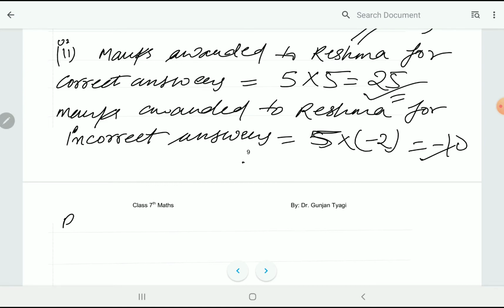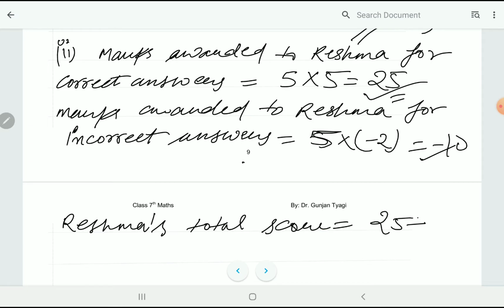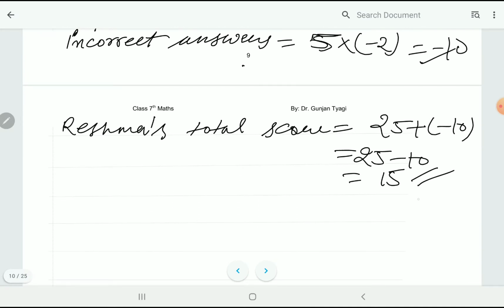So Reshma's total score is equal to 25 plus -10. So 25 plus -10 is 15. This is the answer. This is Reshma's marks. Answer for the second one.